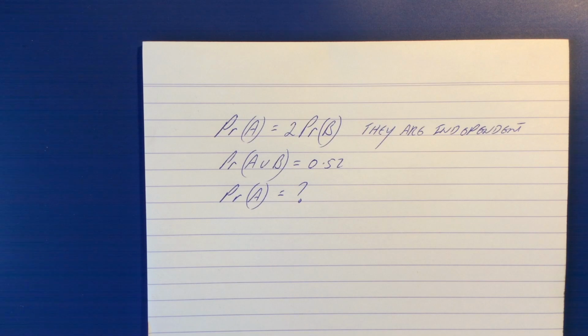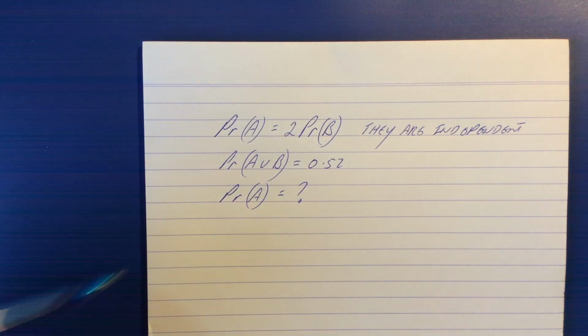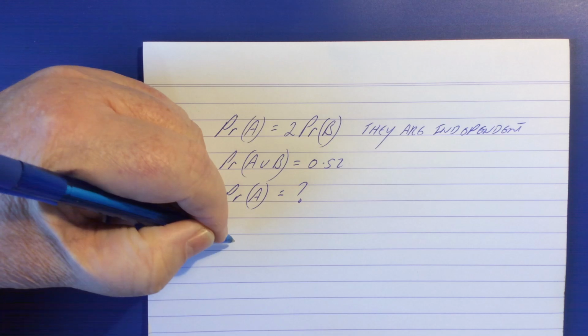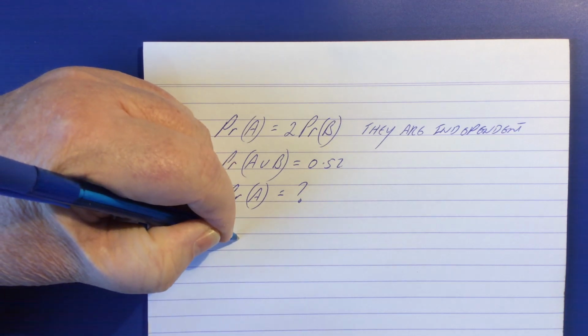Now, this is the sort of question for which it would be nice to have a friendly formula. And there is one. After a bit of hunting around, you might find this.